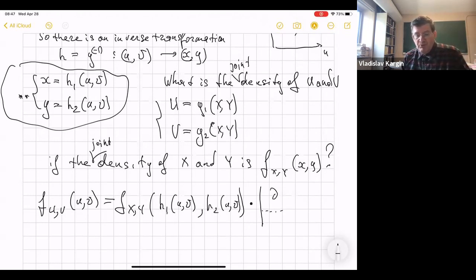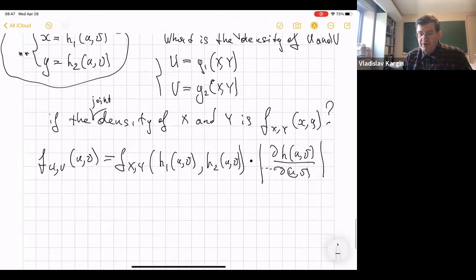There are many notations for the Jacobian. I use d of h of u, v over d of u, v, but it's just a notation. You could also write some other notation here. What's important is the definition of this thing.